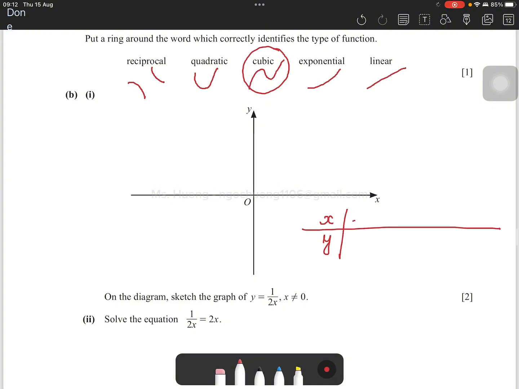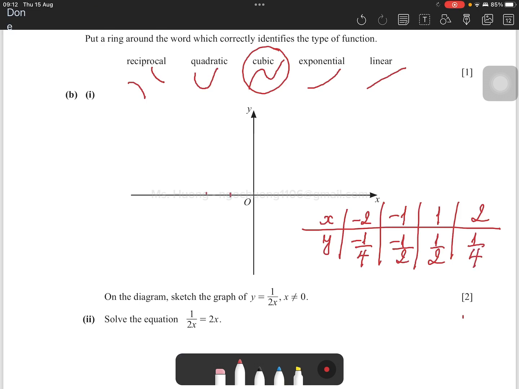If x is equal to negative 2, then y is 1 over 2 times negative 2, which is negative 1 over 4. And if x is negative 1, then y is equal to 1 over 2 times negative 1, which is negative 1 over 2. If x is equal to 1, then y is 1 over 2. And if x is 2, then y equals 1 over 4.